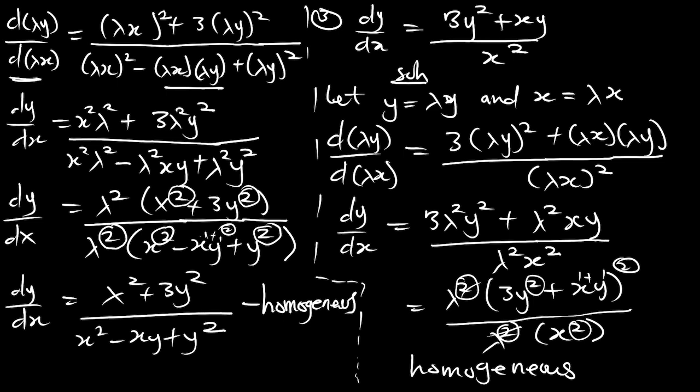Let's solve another example to test for homogeneity. Now let's find out if the function dy on dx equal to 3x squared plus xy squared is homogeneous. Now solution.